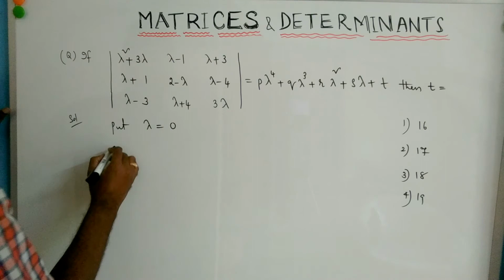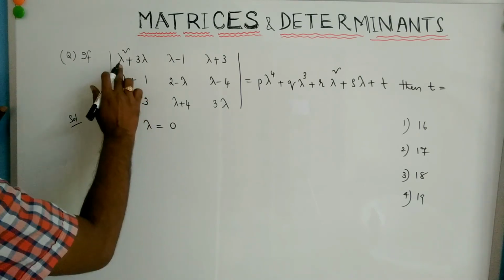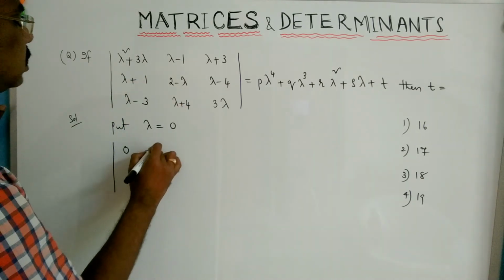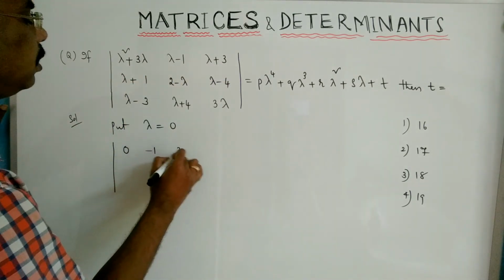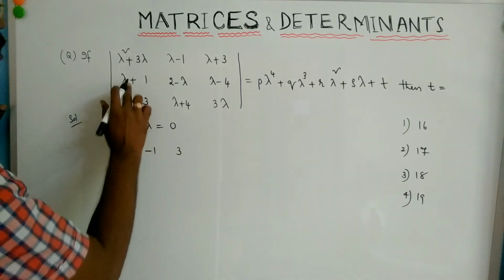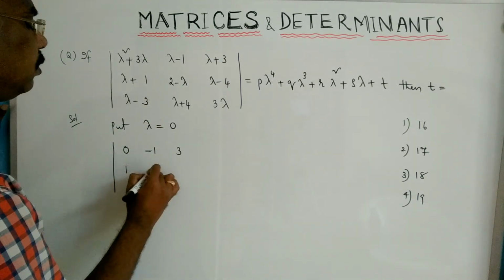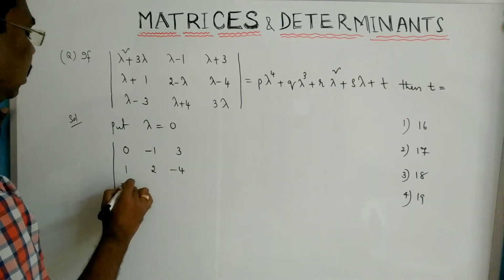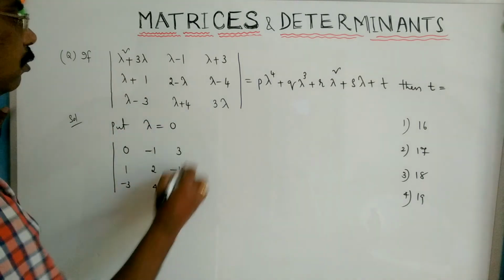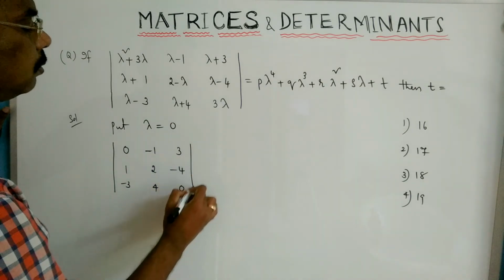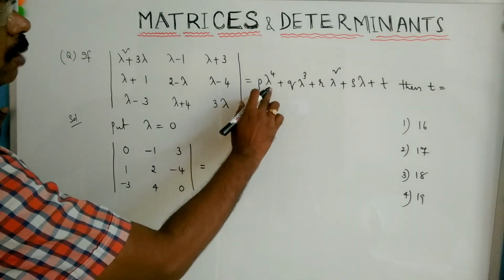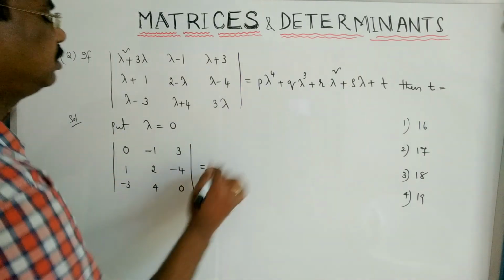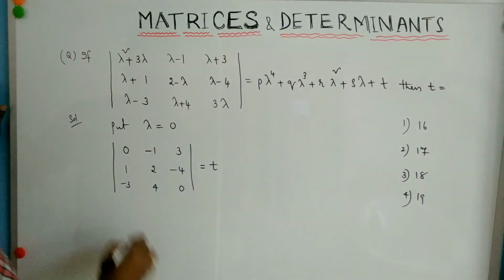Lambda equal to 0 means now det of [0, minus 1, 3; 1, 2, minus 4; minus 3, 4, 0] is equal to t.